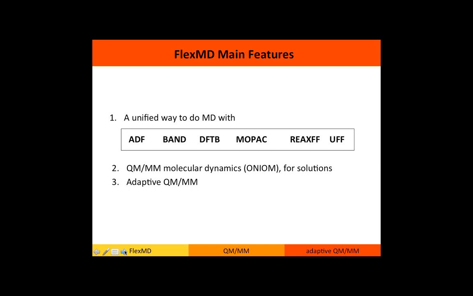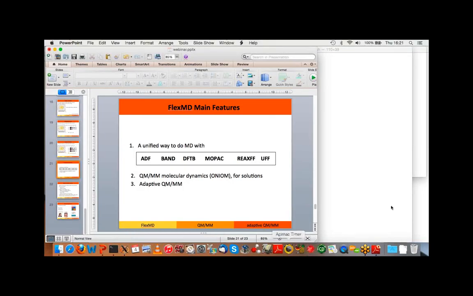I will spend most of my time on this demonstration because after this I will move on to demonstrating how to do a QMMM molecular dynamics simulation for a solution. And finally, I will explain how to do an adaptive QMMM simulation. But since you already have an idea about how FlexMD works, I can go through steps 2 and 3 relatively quickly. So let's move on to that demonstration.